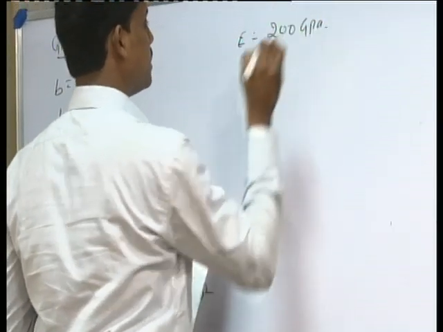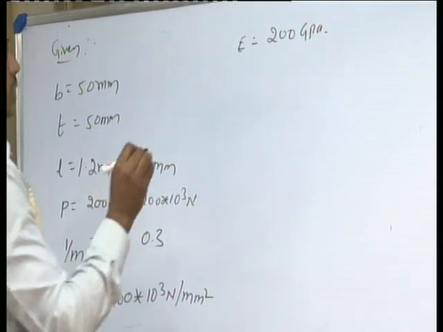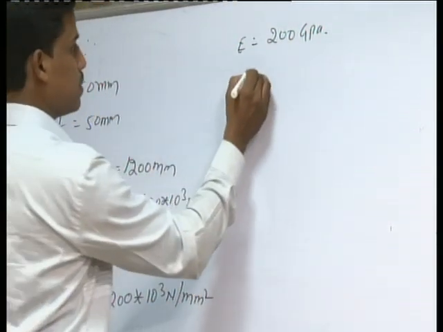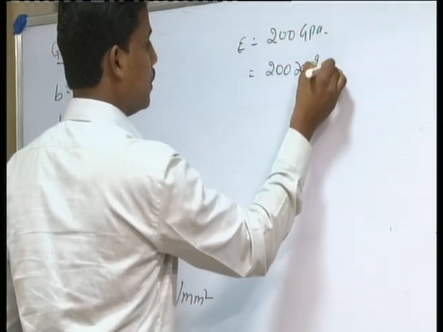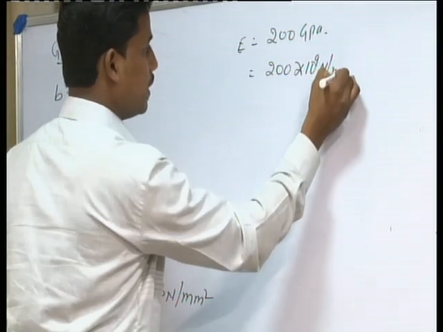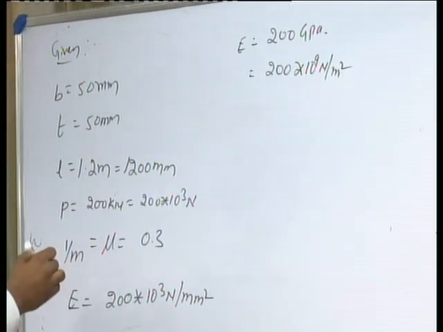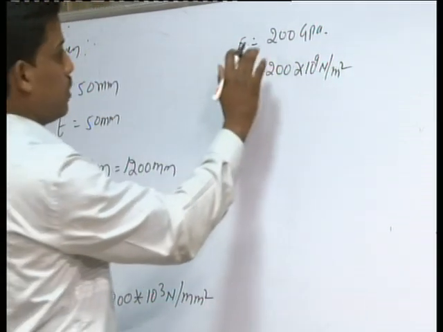GPa means gigapascal, so 200 into 10 to the power of 9 Newton per meter square.